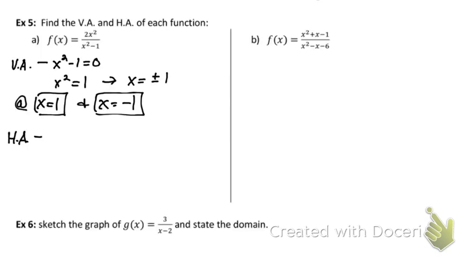We have x squared and x squared, so we just divide our lead coefficient. Our horizontal asymptote is going to be y equals 2 over 1, which is just y equals 2. Lead coefficient divided by lead coefficient is 2 over 1.